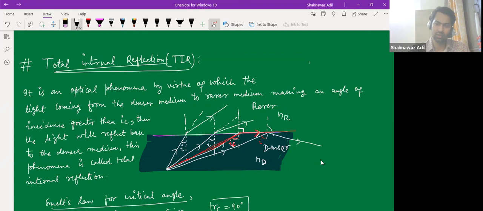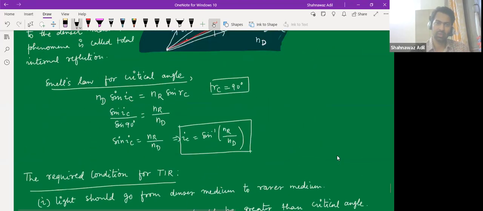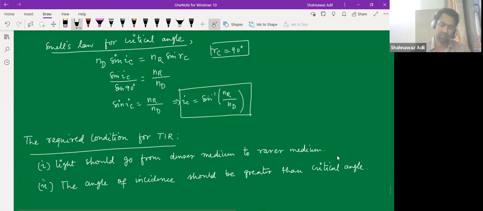Yes, noted, Archana. Yes, sir. Yeah, then please quickly note down this part, and then we'll understand the use of TIR. Whenever you have noted it down.